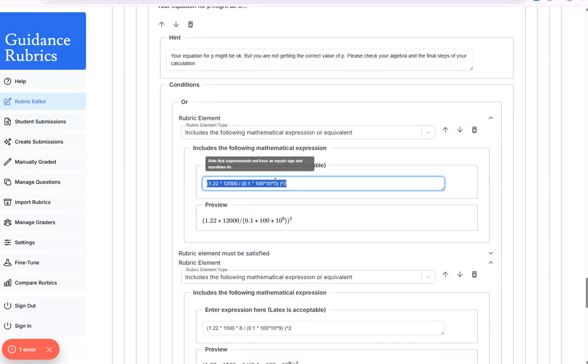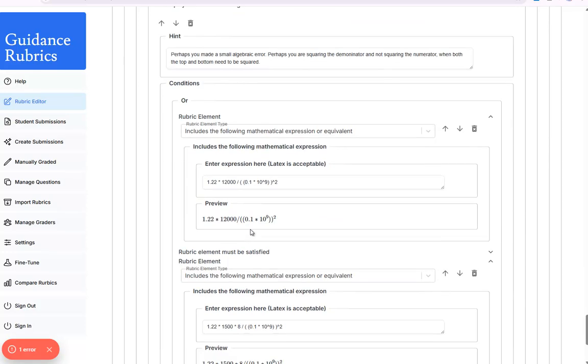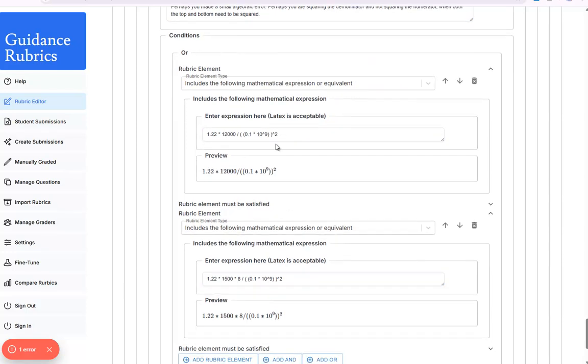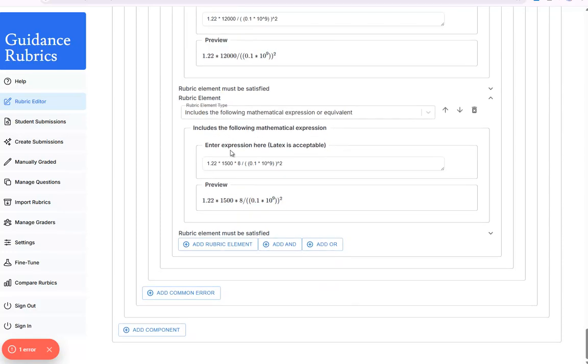We give a message for this, and so on. This could be 2 different possible formulations. And then we have another one, the same idea, where the equation is not quite right. So we detect that they have written down this equation in their submission, this equation or this equation. We see that it's not quite, and we know that it's not the right one. So we give them this error message, and so on.